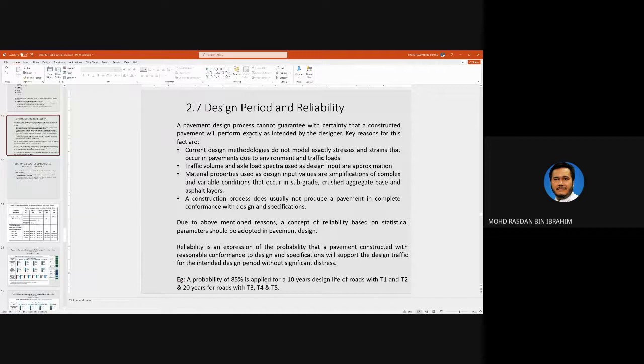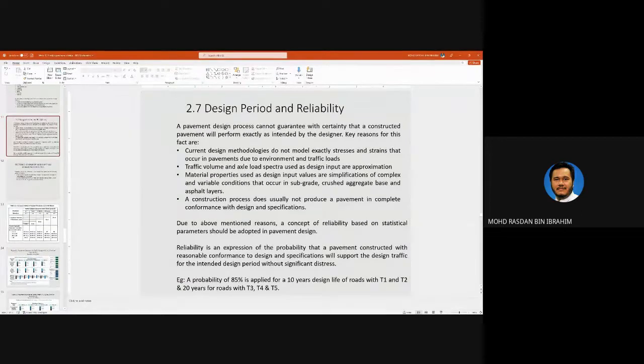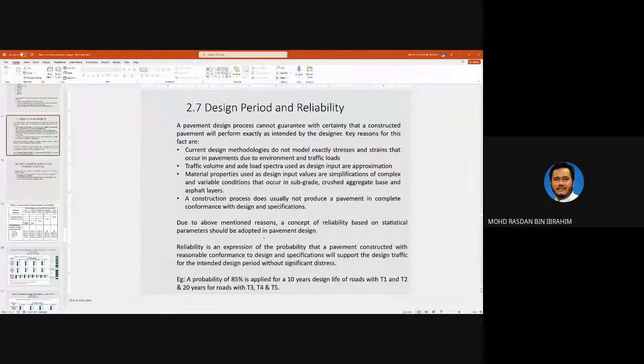Okay. So due to the above mentioned reasons, the concept of reliability based on statistical parameters is adopted in the design. Reliability is an expression of the probability that a pavement constructed with reasonable conformance to the design and specifications will support the design traffic for the design period without significant distress.